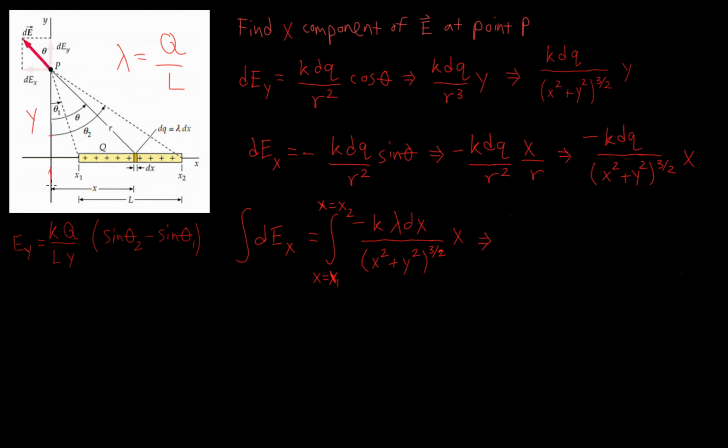When we cut up this line segment into smaller and smaller pieces, each with the width of dx, the distance from the x-axis changes. So at one moment it's this value of x, but at the other moment it's this value of x, and so the value of x is changing.